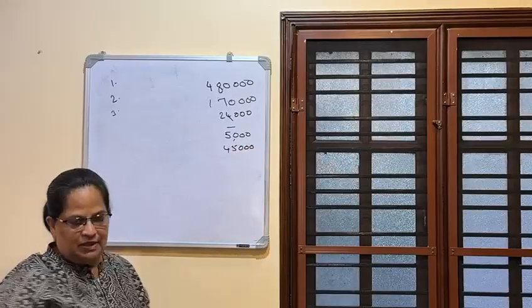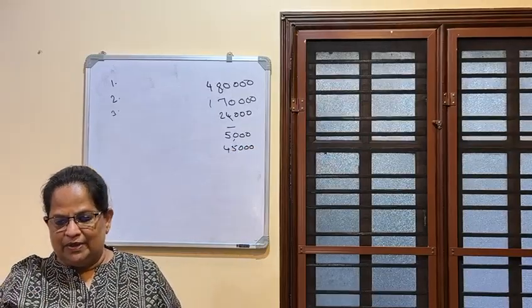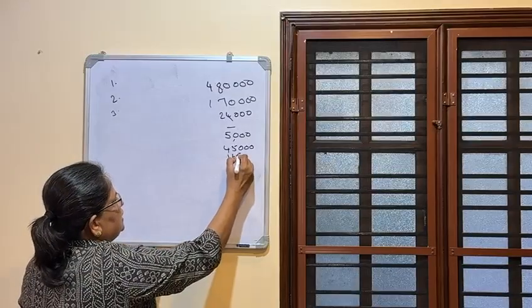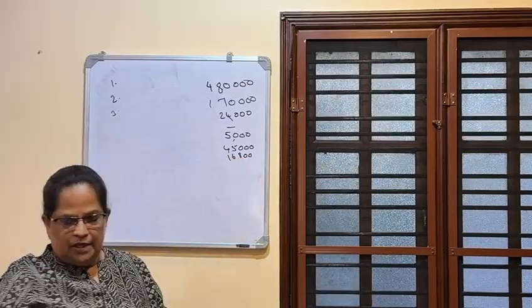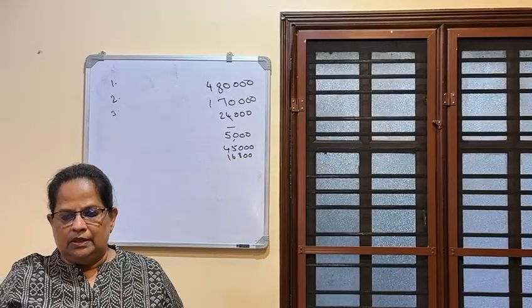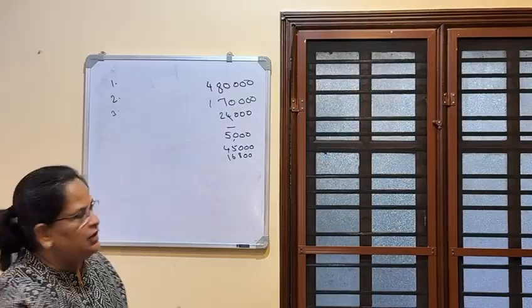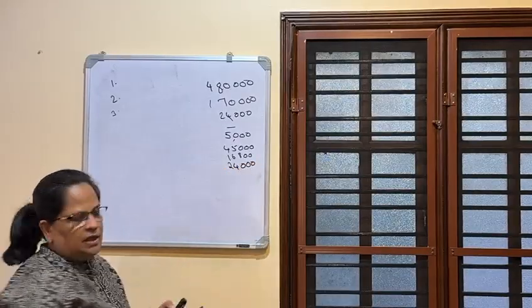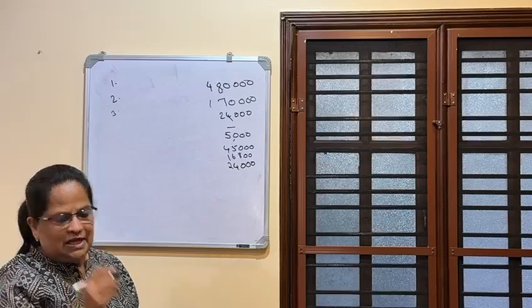Next is salary of sweeper and watchman, 16,800. Now the taxable value of HRA, you got 24,000. Now we have to remember gross salary we have to take.